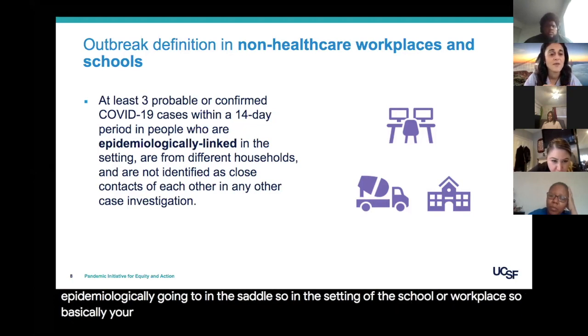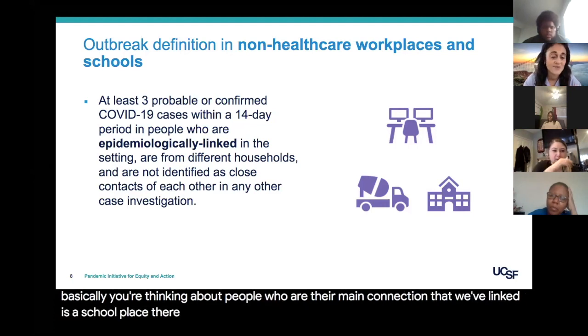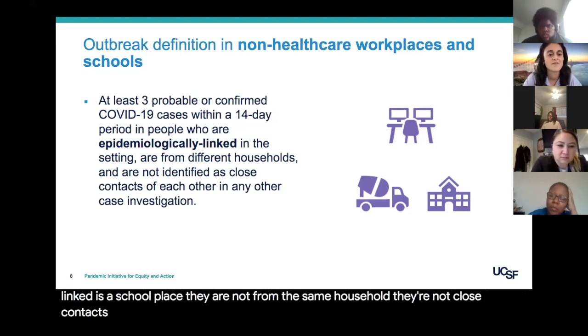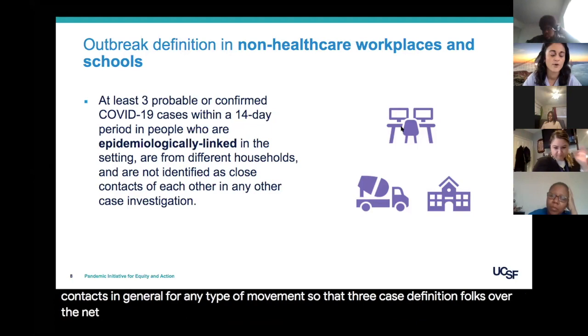Basically, you're thinking about people whose main link is a school or workplace. They're not from the same household. They're not close contacts of each other for any other reason. So that 3 case definition holds for non-healthcare workplaces and schools. Okay, next.